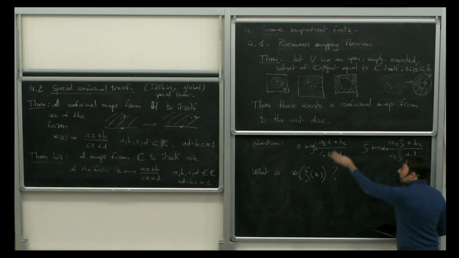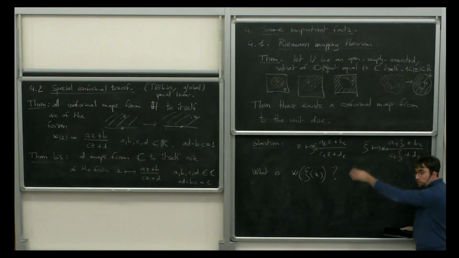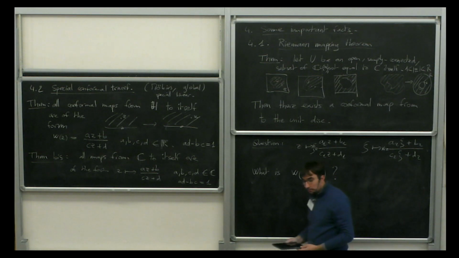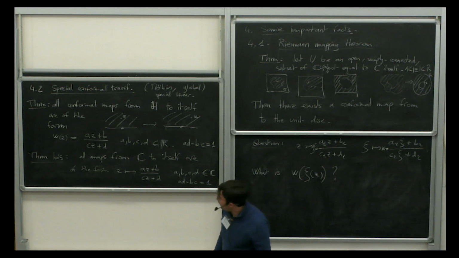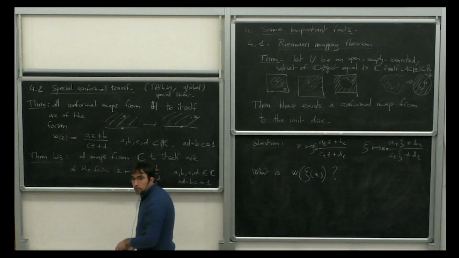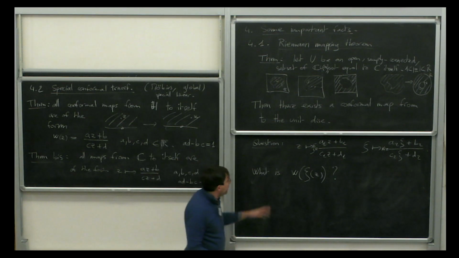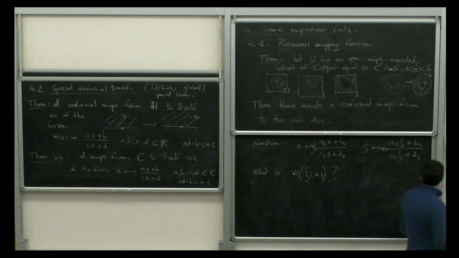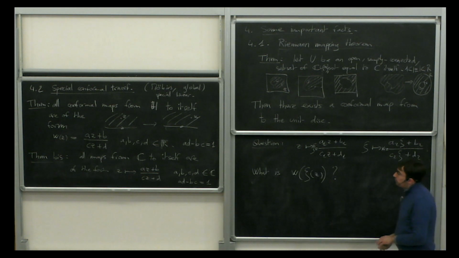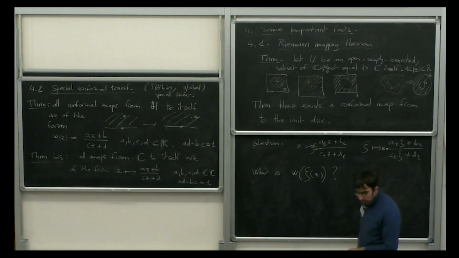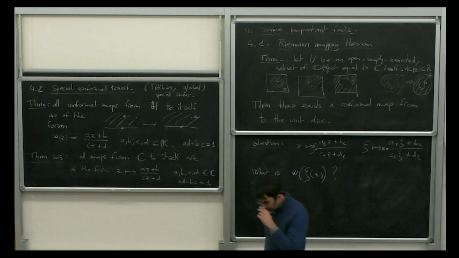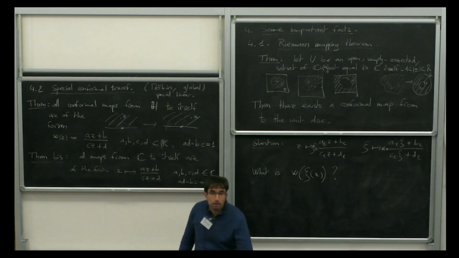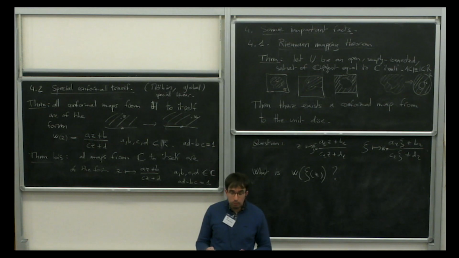Therefore, the composition is also a map from the plane to itself. And according to the theorem, I should be able to write it as one of these fractions. The question is, what is the fraction, and how can I express it in terms of the parameters a1, b1, and so on, and a2, b2? So anyone knows?